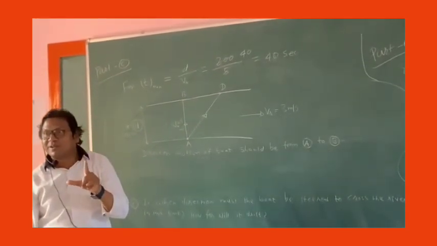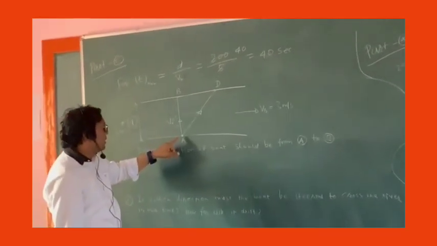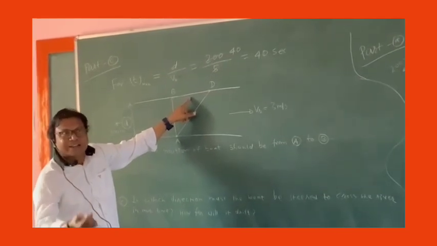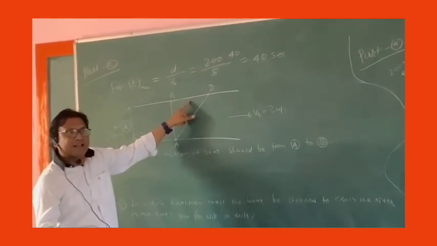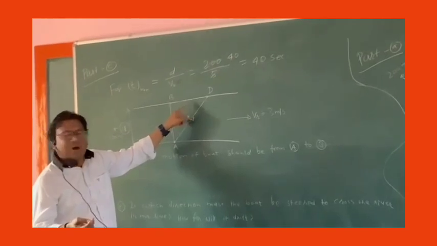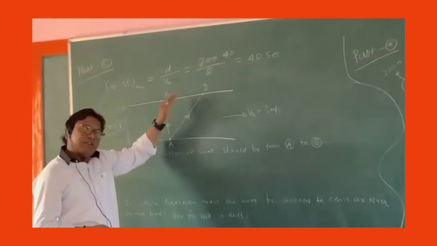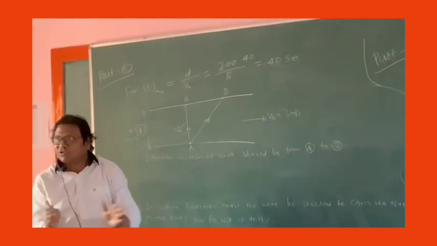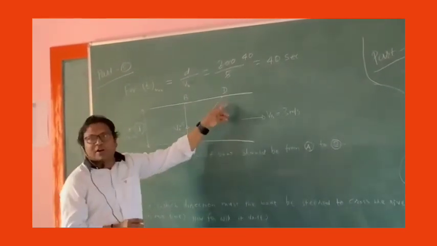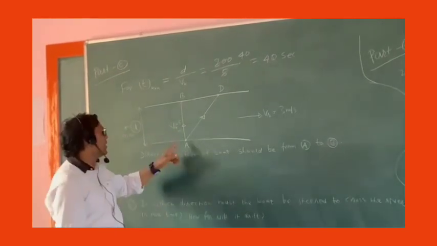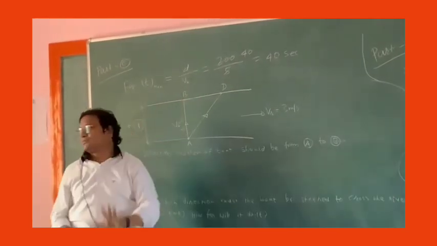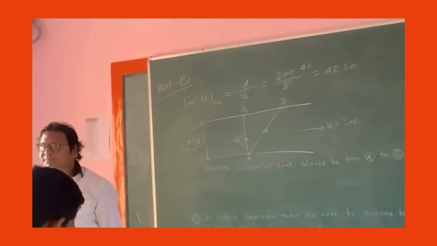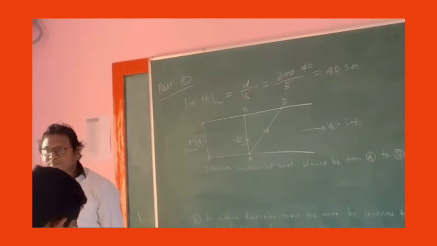Time is common, because these 2 distances are traveled indirectly simultaneously. While traveling from A to D, these distances are ultimately generated. So if it is 40 seconds for A to D, it is 40 seconds for A to B and B to D also. Is it clear to all? Time remains the same for all the 3 distances.